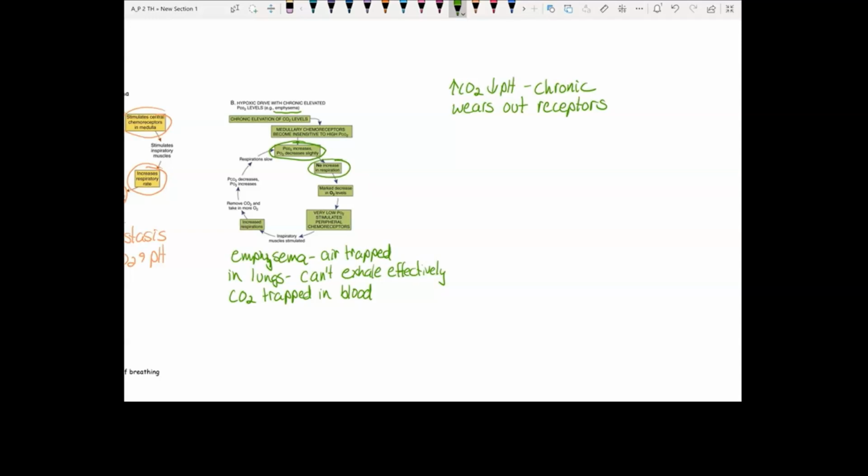So because these receptors are worn out, your CO2 and pH levels no longer stimulate your medulla oblongata to increase your breathing.